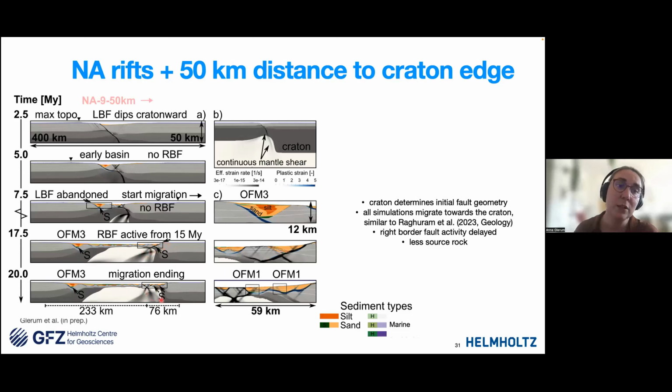And because that's close to the end of rift migration, we hardly form any source rock. I mean, there's a tiny little bit if you zoom in. And all the different plastic strain configuration simulations with a close craton, they migrate towards the right and they show this evolution. So our right border fault activity is delayed and we create less source rock.